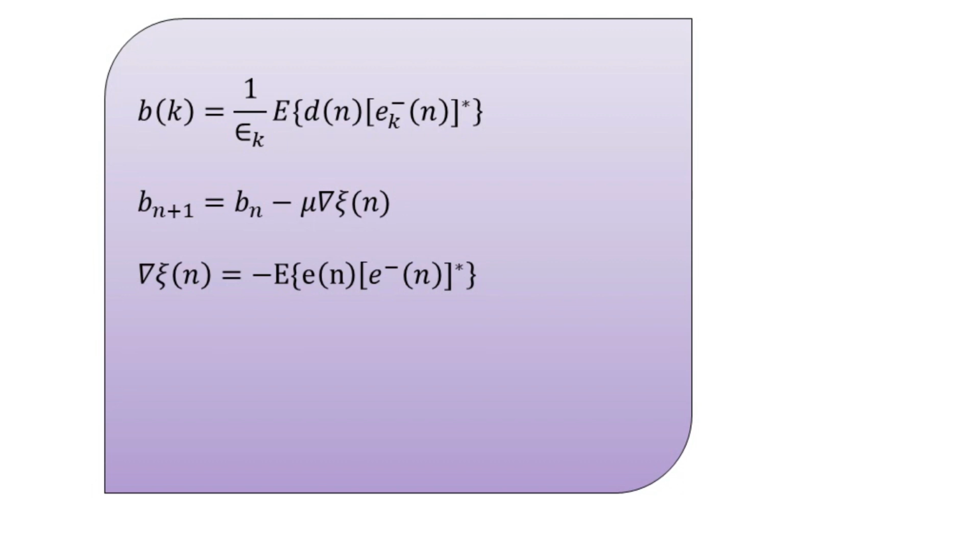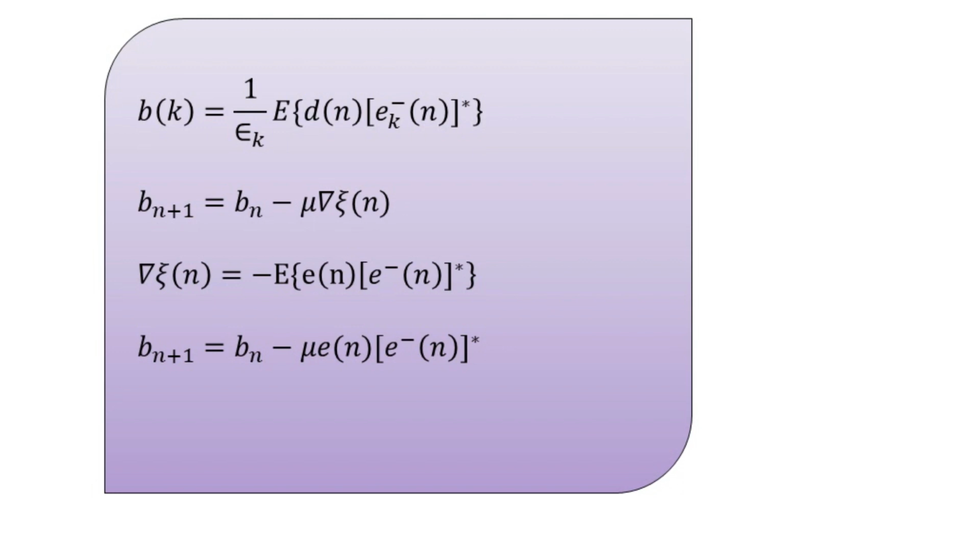So thereupon we can use the LMS approach, least mean squares approach, for replacing the expected value with the instantaneous value here, and the update equation for the use of LMS algorithm will be by the expression b suffix n plus 1 is equal to b suffix n minus mu into e of n into the complex conjugate of e of n, e is negative here.